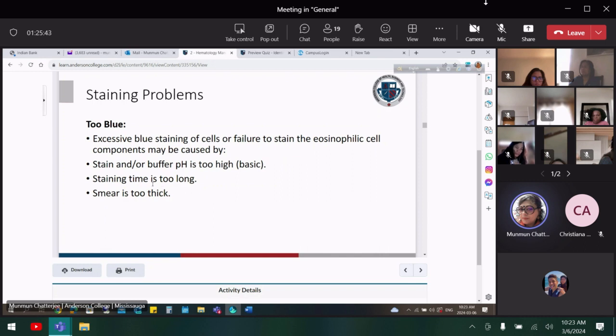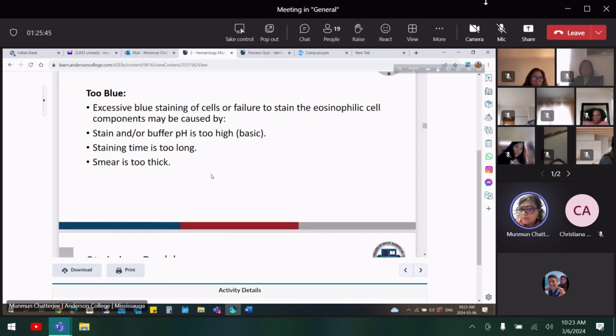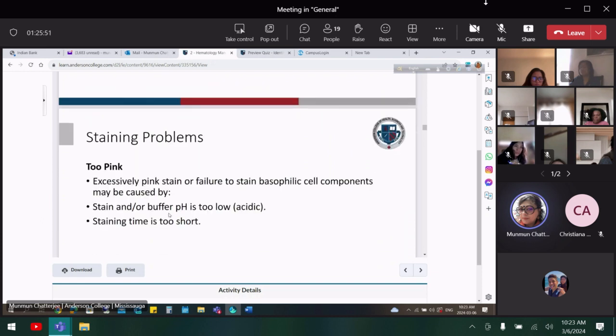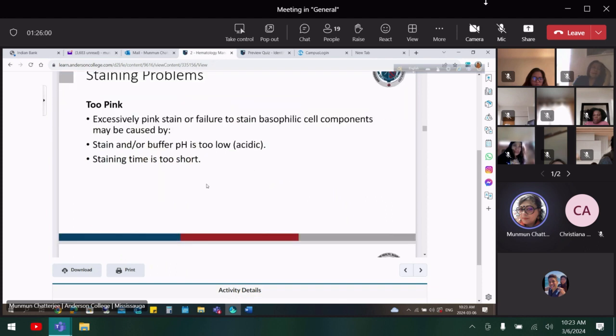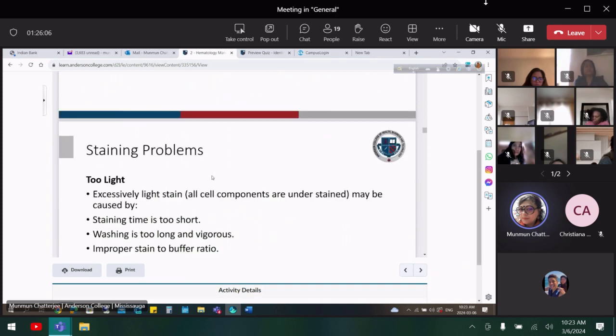Or the staining time is too long, instead of 1.5 to 2 minutes, if you leave it 4 to 5 minutes, or the smear is too thick. And pink, when there is excessive eosin stain or the buffer pH is too low, that is called excessive pink, or the staining time is too short.